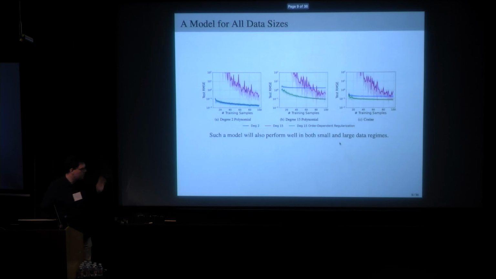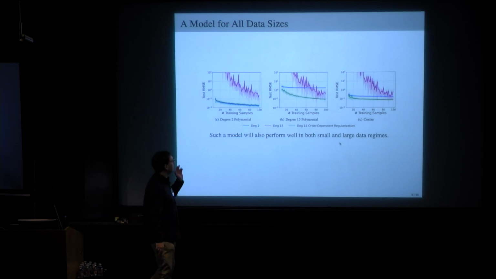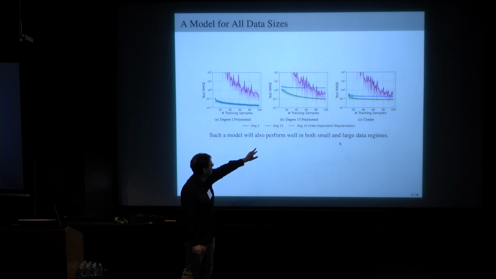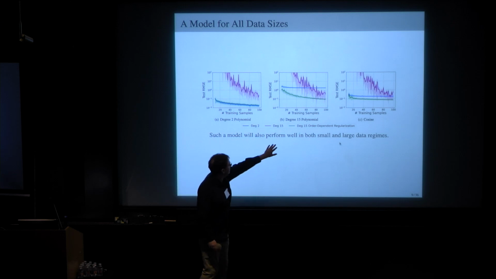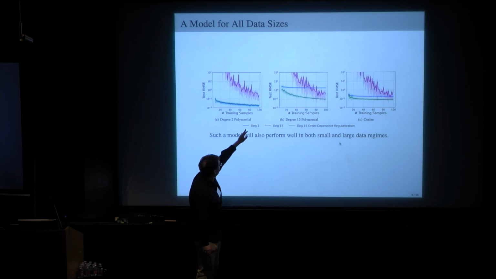OK, so let's go back to the polynomial example. Let's consider a high-order polynomial with the order-dependent regularization in green, a high-order polynomial without regularization in purple, and a small polynomial, degree 2, in blue. So for a variety of different data sets, across sample sizes, the order-dependent polynomial has the best performance, or it's comparable to the best performance.